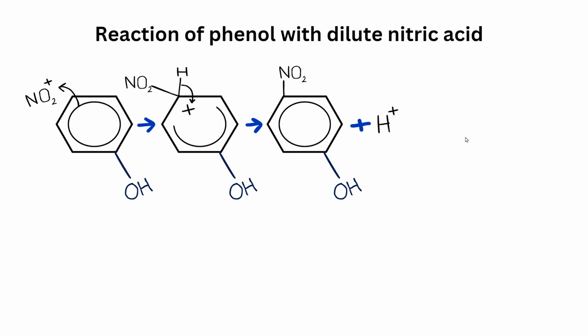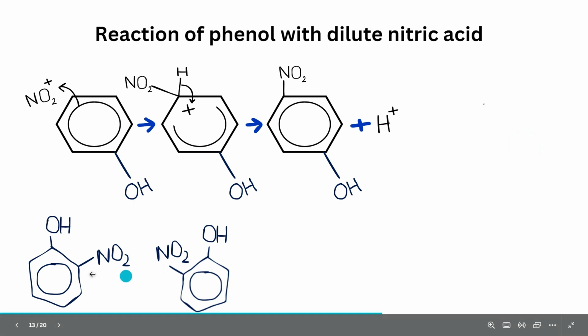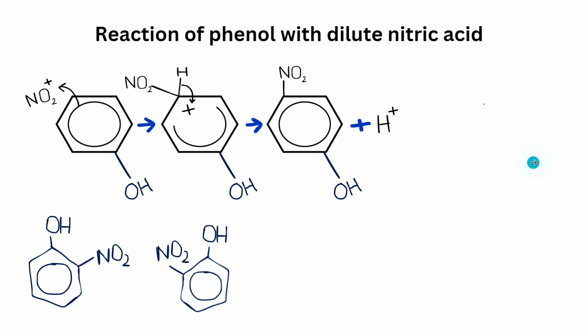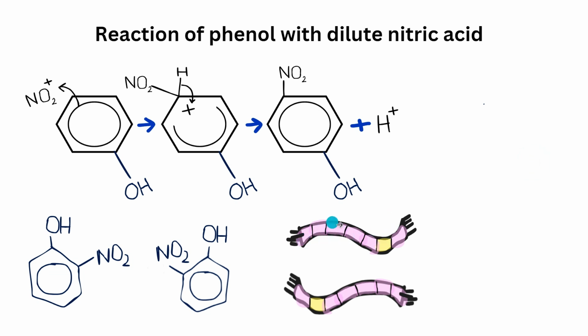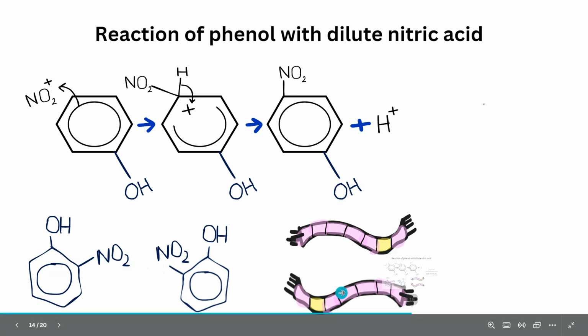Now I know some of you must be confused about why we don't form a 6-nitrophenol, since OH donates electron cloud to 2, 6, and 4. That's because 6-nitrophenol is basically the same as 2-nitrophenol. It's just shown to you in different ways. For example, a seller is trying to sell you a muffler, and that muffler has this one yellow block, and the price is, for example, $4, and then he offers you another muffler for $3, which is basically the same but shown in a different way.